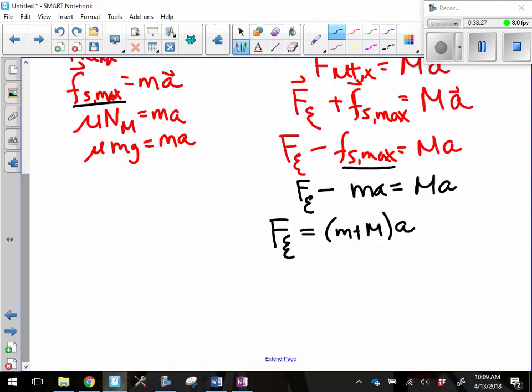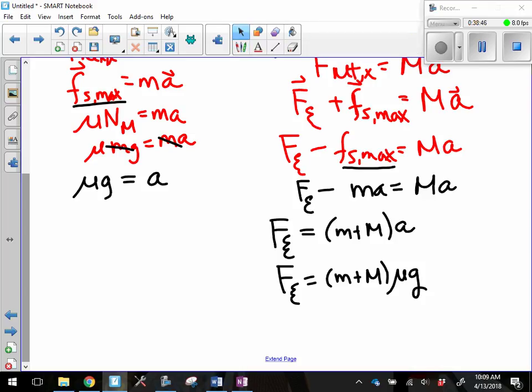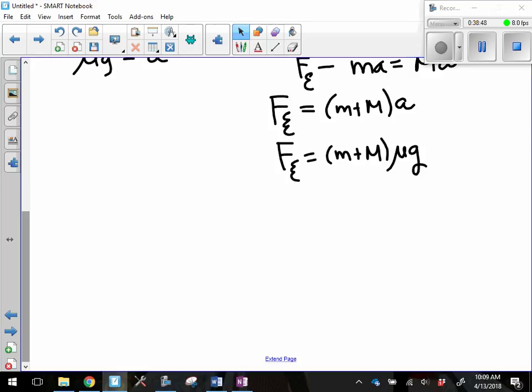And then I can go back, and Priya pointed out that if I canceled those m's, I would know that A was equal to mu g. And what? Yep. So that's great, but what was I supposed to find? I was supposed to find xm.